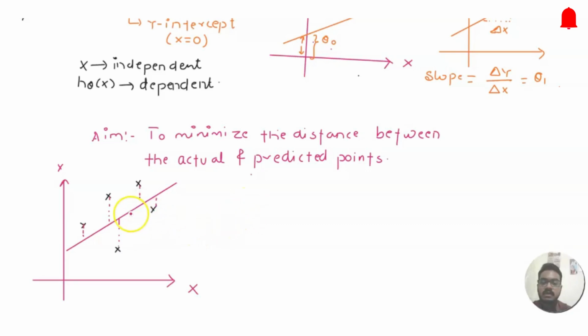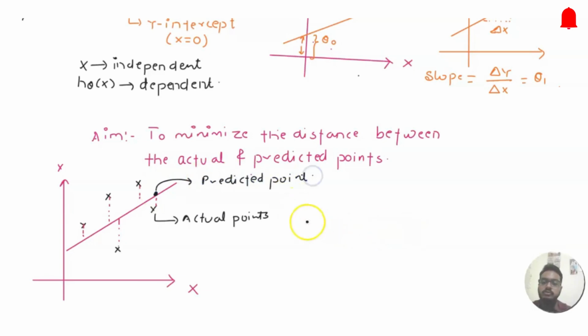Correct? Our aim is to minimize the distances. And mind you, the cross ones are the actual points or the actual output, and the corresponding value of x and y on the line is nothing but the predicted point.